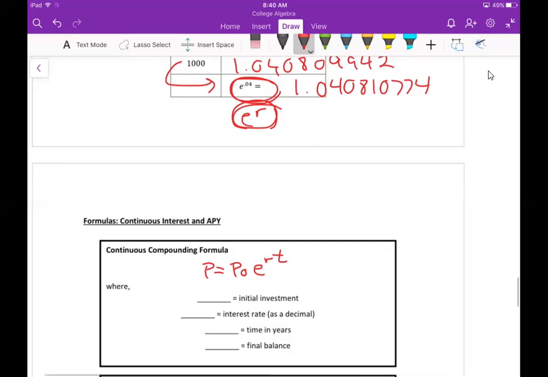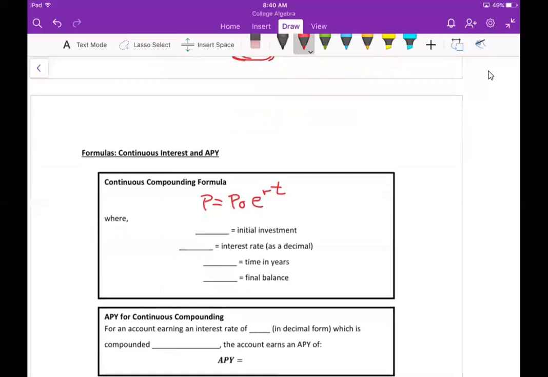So this is our formula for continuous growth, where P naught is still the initial investment, r is still the APR, t is time in years, and P is still the final balance. e is a constant. It is not a variable. It is just a constant you can use in your calculator.